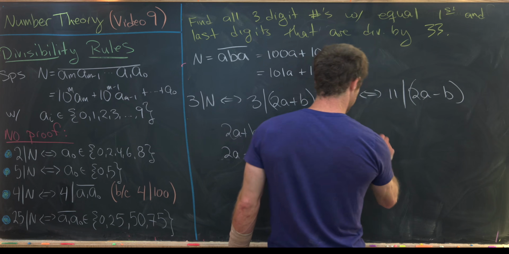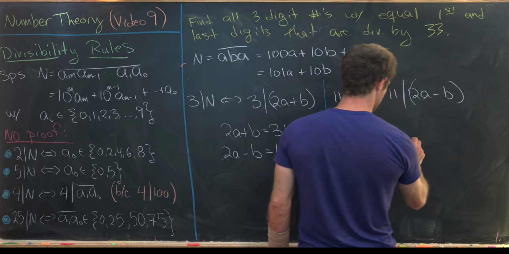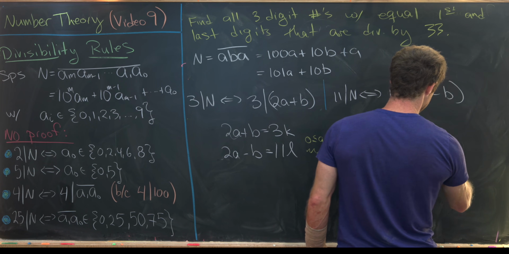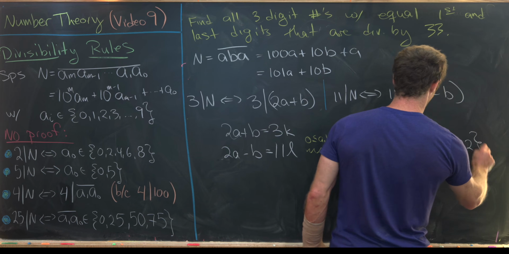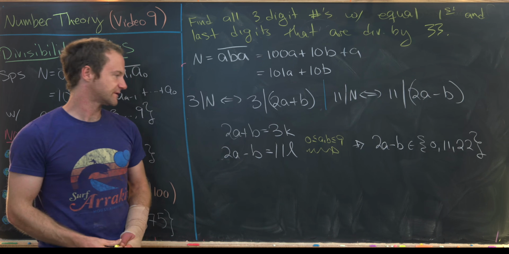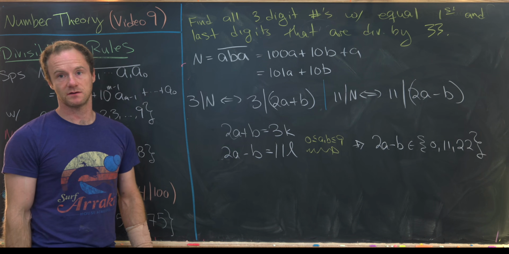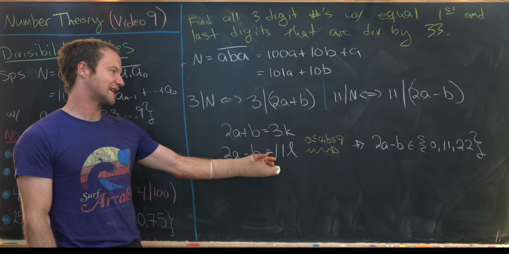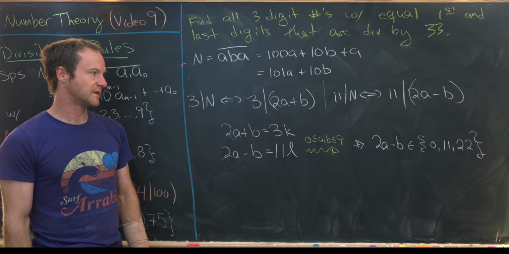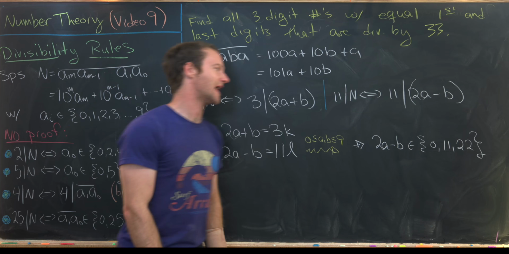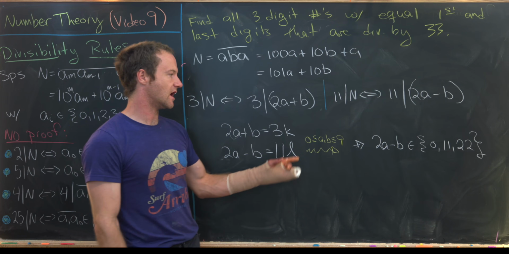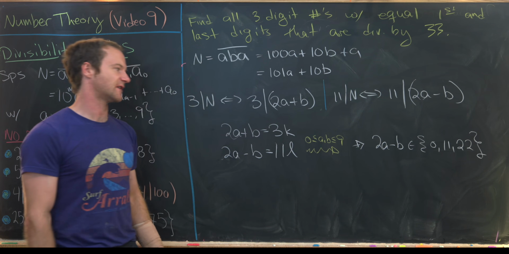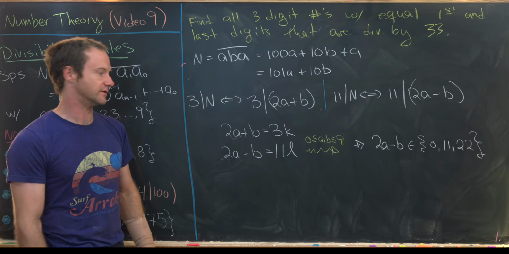That tells us that 2a minus b must come from the set 0, 11, or 22. Well, first of all, it's got to be a multiple of 11. It's impossible to achieve any other multiple of 11 other than those three using the fact that a and b come from 0 through 9.